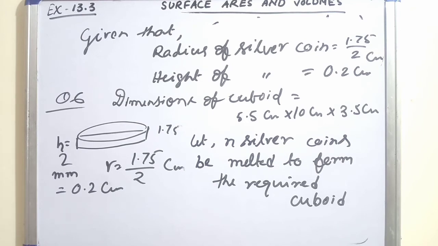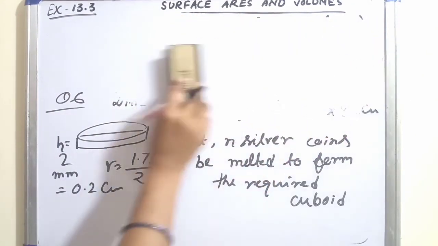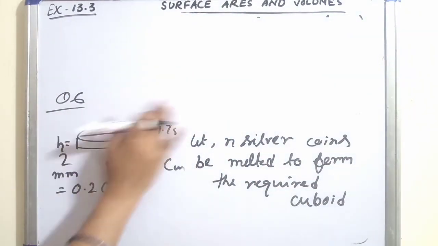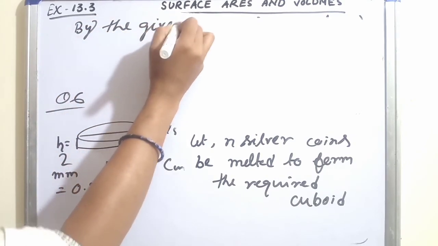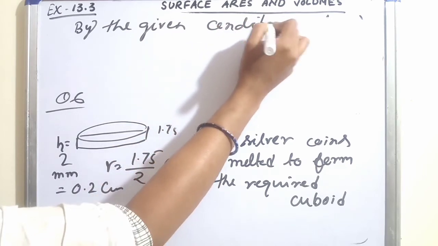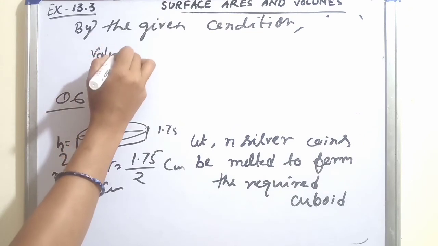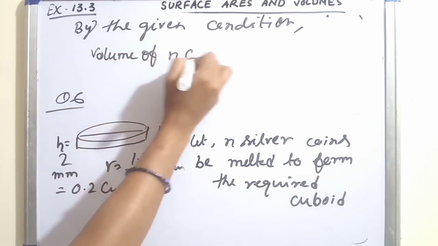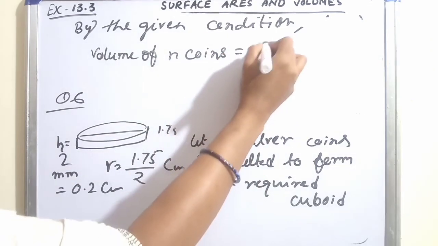Most of the questions in this exercise are based on this concept. That means this volume is equal to this volume. So by the given condition, volume of n coins is equal to volume of cuboid.